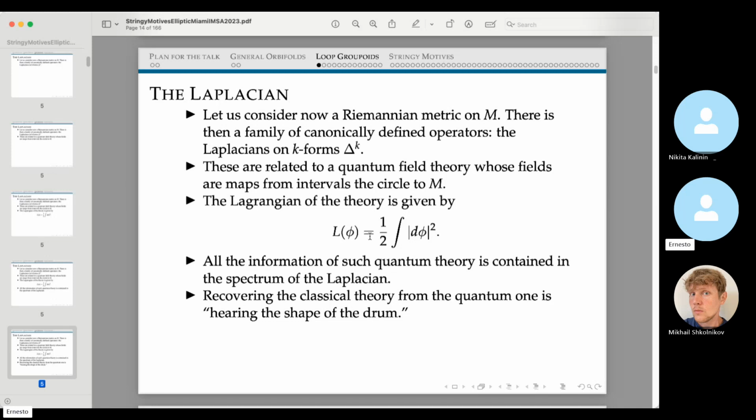You have to get the right spaces and all the correct things for the thing to be rigorous. And in this one-dimensional kind of theory, it almost is rigorous. It's kind of Brownian motion. But recovering the classical theory from the quantum one is here in the shape of a drum.